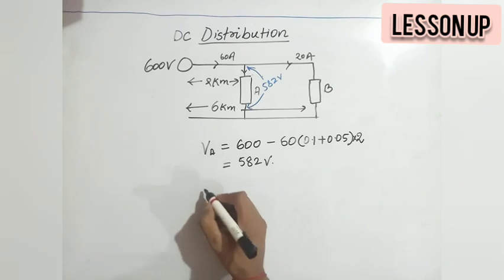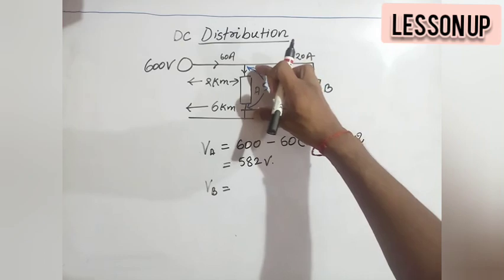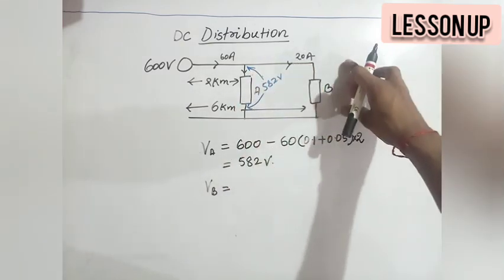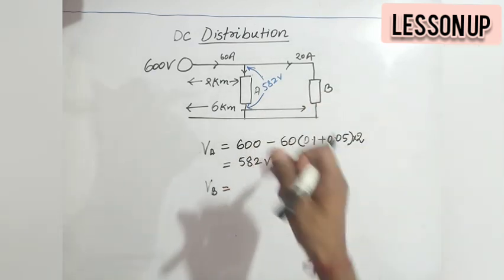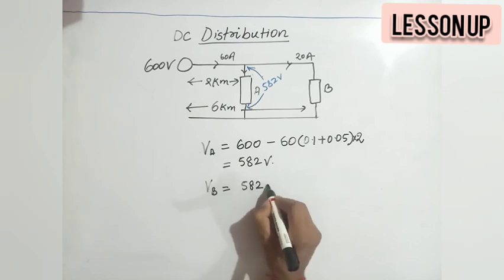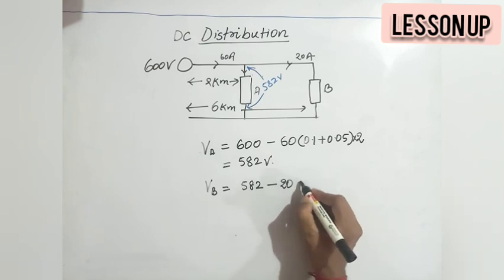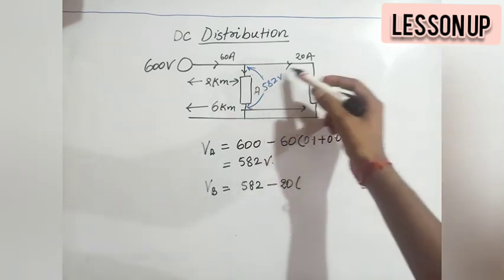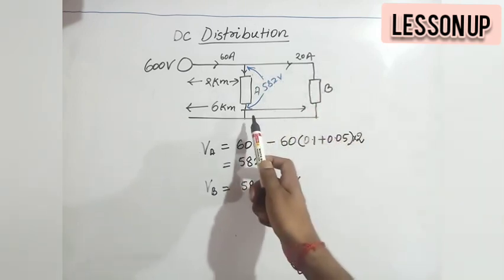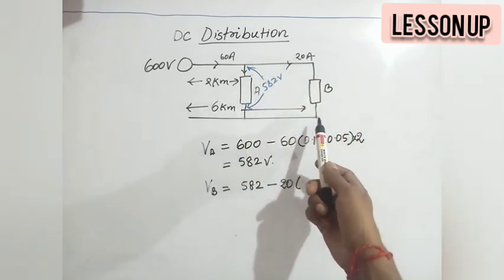Now to find VB, we know the voltage across tram car A is 582 volt. We use the KVL equation: 582 volt minus the current, 20 ampere, into the total resistance. The trolley wire resistance is 0.1 ohm per kilometer and the rail or track resistance is 0.05 ohm per kilometer.